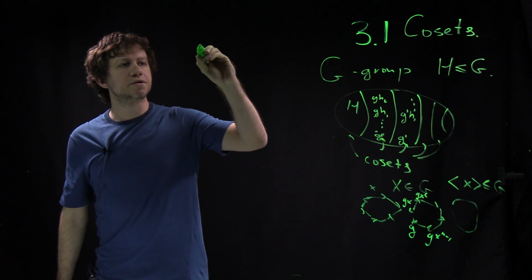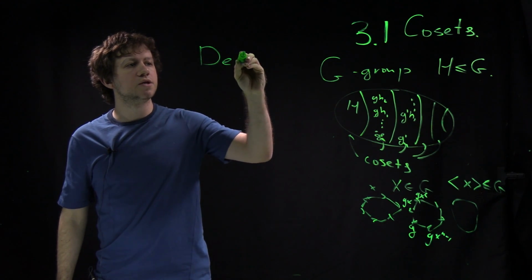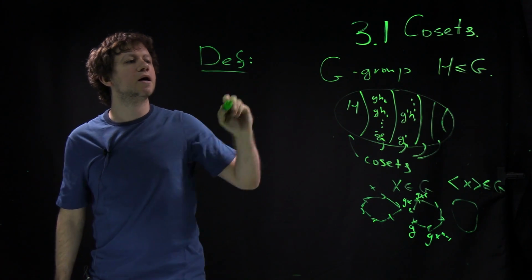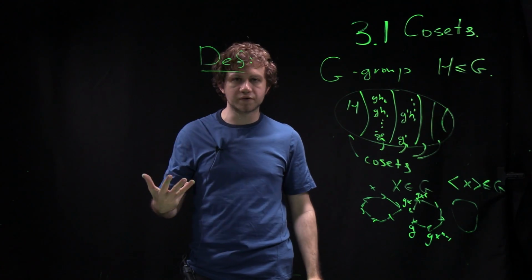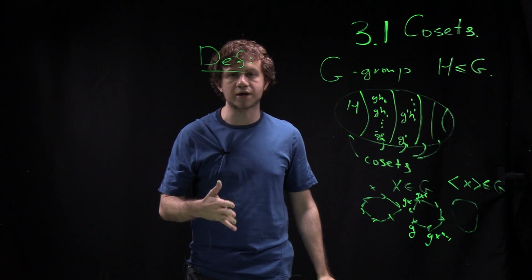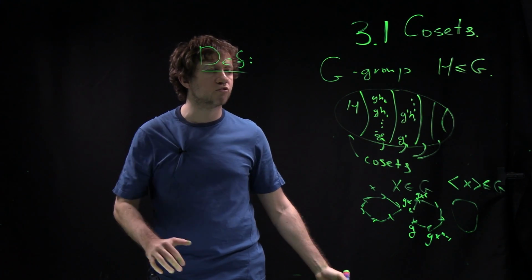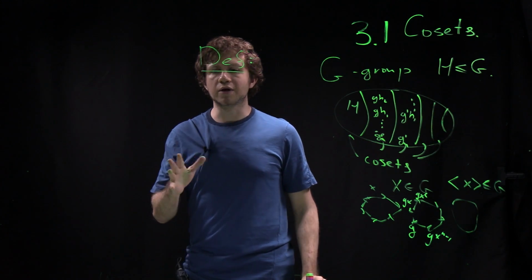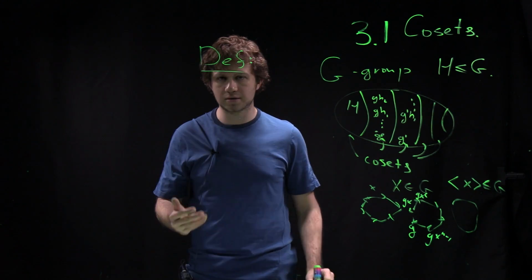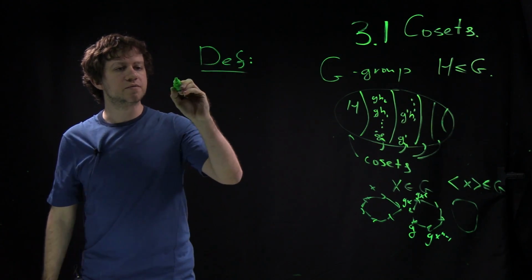Here there is an interesting thing happening. There are actually two definitions, left cosets and right cosets, and the reason is that the group is non-commutative. So you can multiply from the right, you can multiply from the left. Let me first define left cosets, and right cosets are of course very similar.